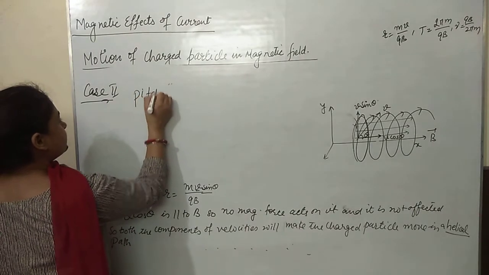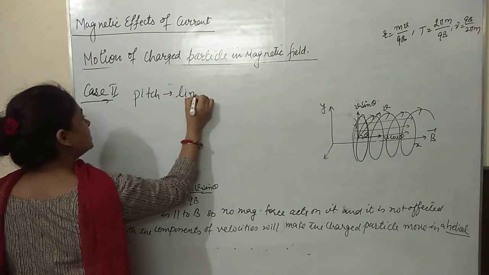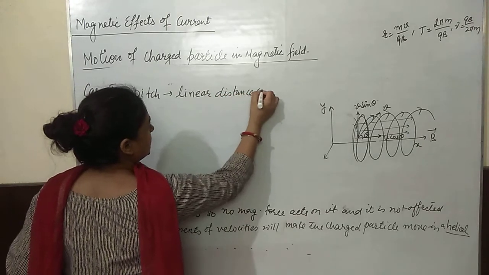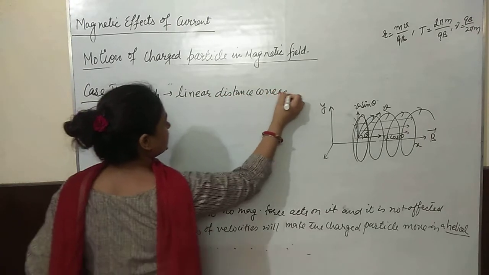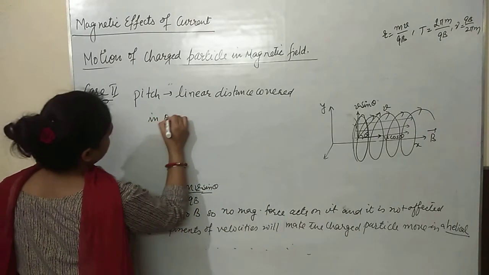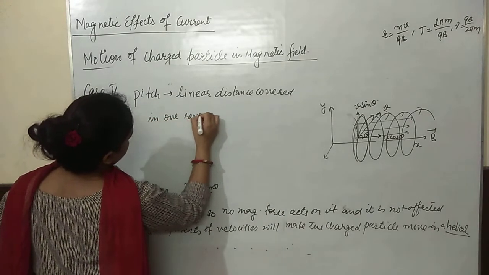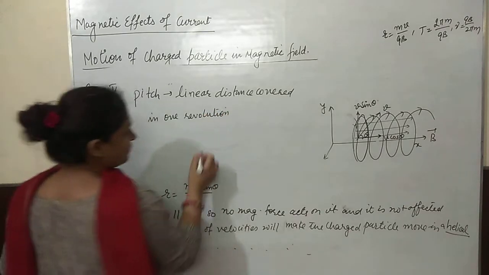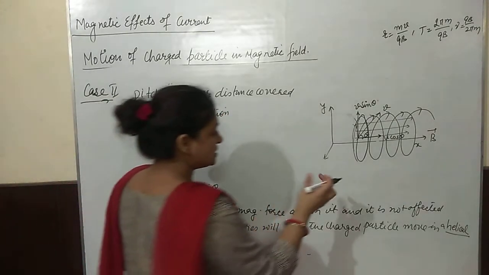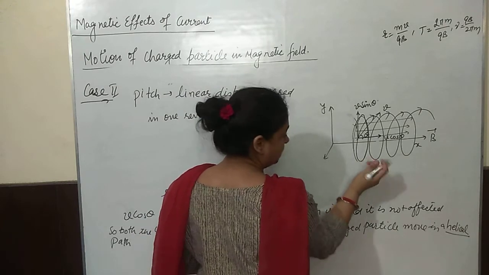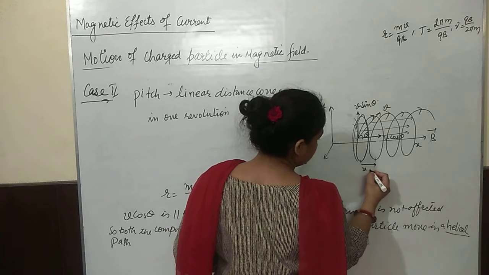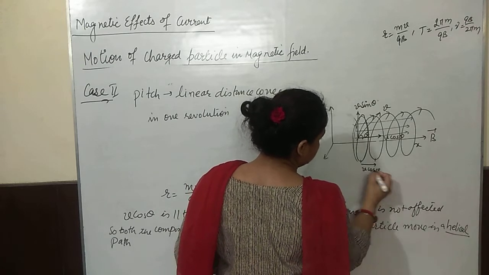Pitch is the linear distance covered in one revolution. So how can we find out the pitch? In one revolution, this much distance we have to cover. So from here to here, what is the velocity? Velocity is V cos theta.